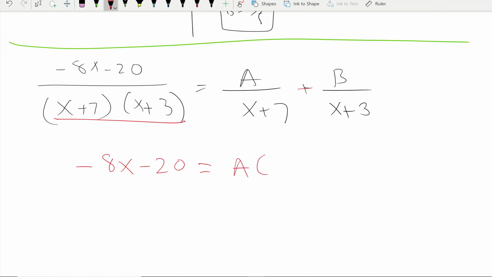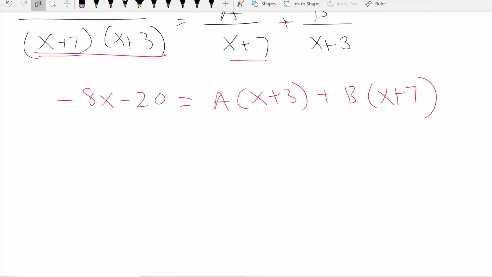A times x plus 3, because the x plus 7 factor will cancel out. Here you will have x plus 7, because x plus 3 cancels out. You can do that in your mind very fast once you understand it. That is why I told you to take several minutes or seconds and understand that step clearly, and its purpose as well.